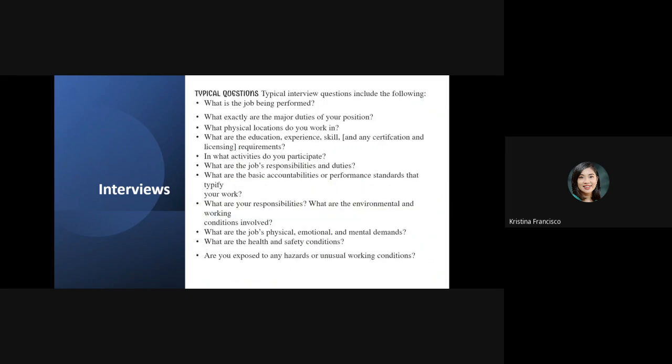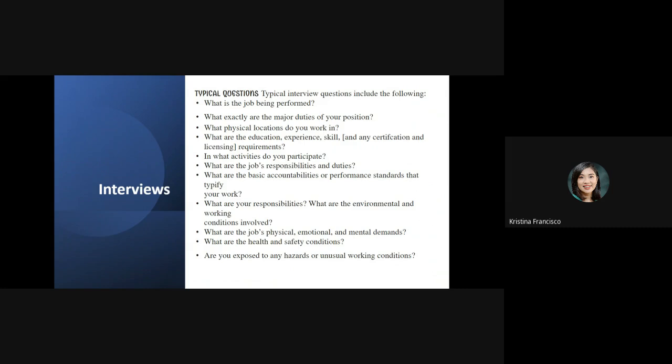Next is yan. Obviously, pag nag-conduct tayo ng interview, usually meron tayong question or meron tayong tinatawag na structured interview. Pag sinabi nating structured interview, this uses questionnaires to gather information about the job, the duties, the responsibilities, and the required skills. These are quick and effective, allowing interviews to uncover occasional tasks or informal activities.